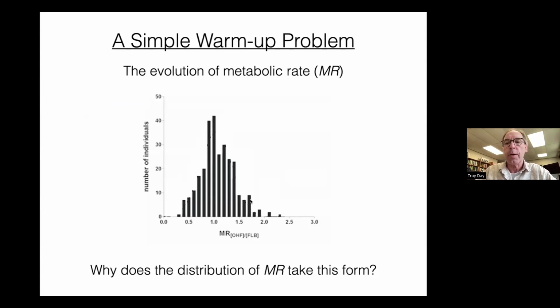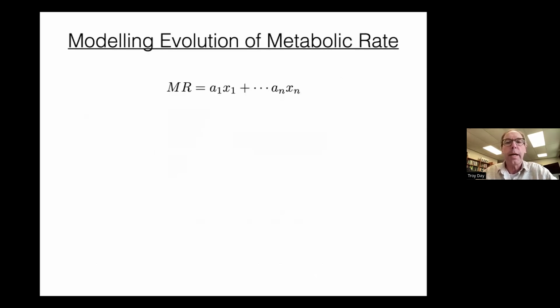In particular, I want to consider how we might build a model to understand the evolution of this distribution of metabolic rates. One simple thing you might do is take a model where metabolic rate is the sum of a bunch of traits, x1 through xn, not necessarily independent. There's a linear weighting of these different traits that go into making up metabolic rate.